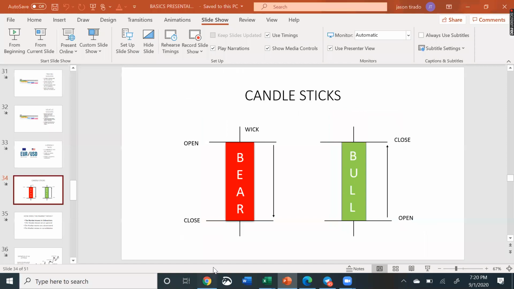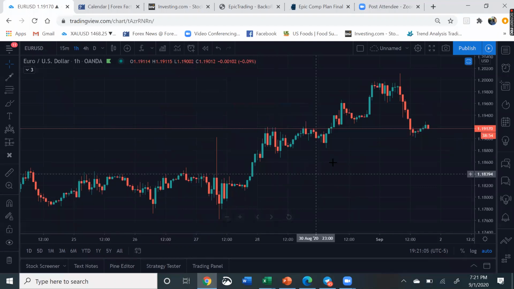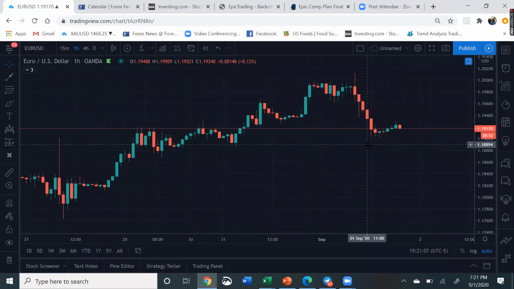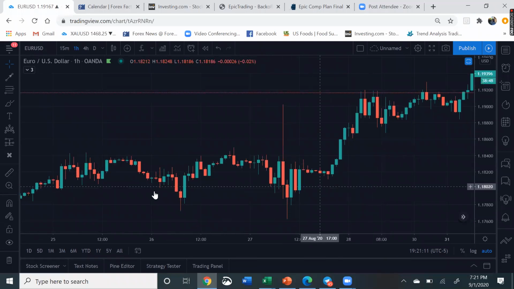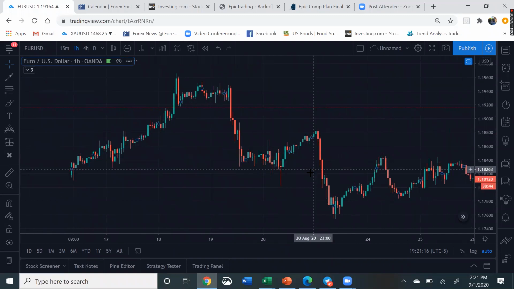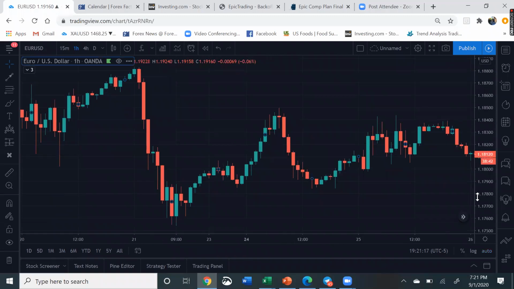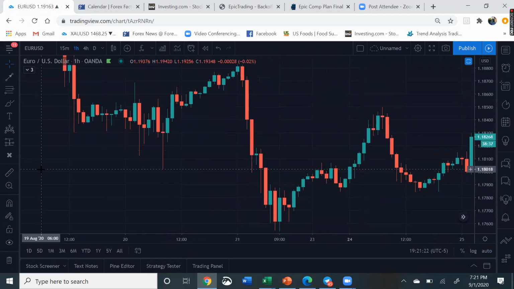So let's go to the chart again. Since we went over this already, let's go ahead and clear this out. Okay. Now, let's just go anywhere. Let me get an up and down trend. Yeah, right here. This is fine. Okay. So then let me go ahead and function 11.